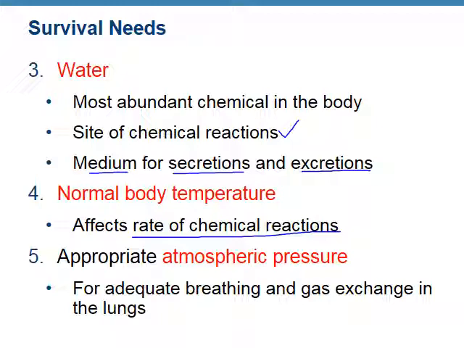But you have to have the appropriate atmospheric pressure. In order for your lungs to be able to carry out gas exchange, you have to have a certain amount of pressure on the lungs. If that pressure changes, you're not going to be able to breathe in and you're not going to be able to exhale. Think about if someone is sitting on your chest, it's a lot harder to take in a deep breath and get enough oxygen.